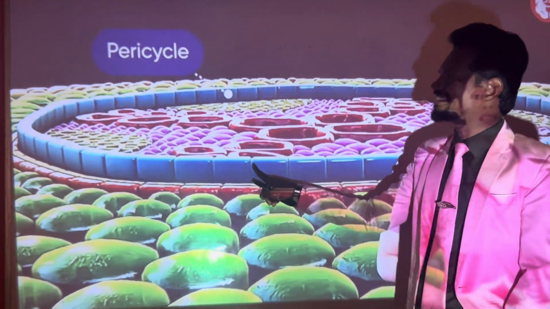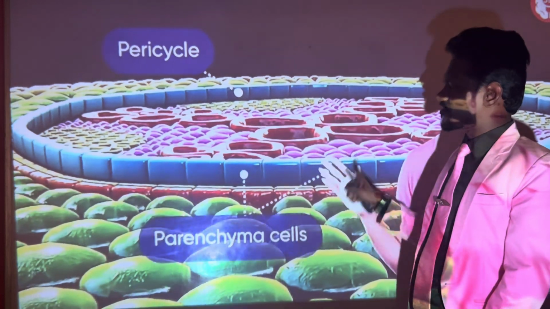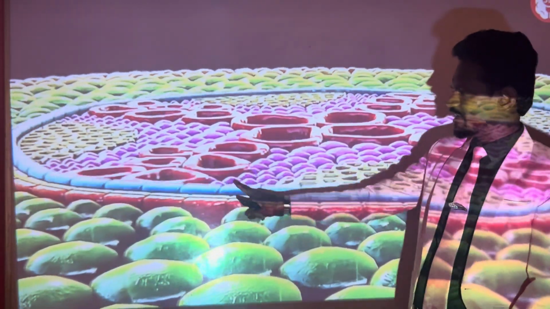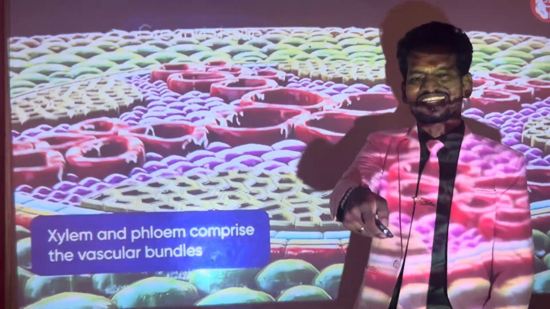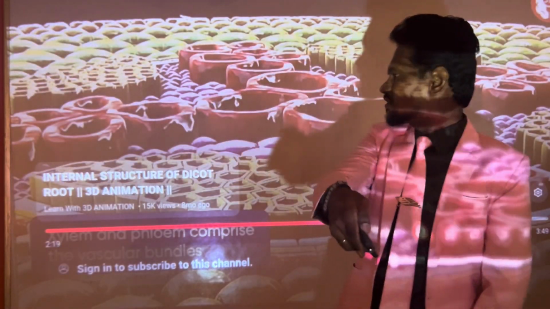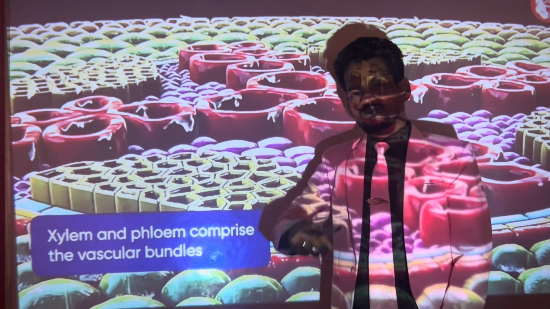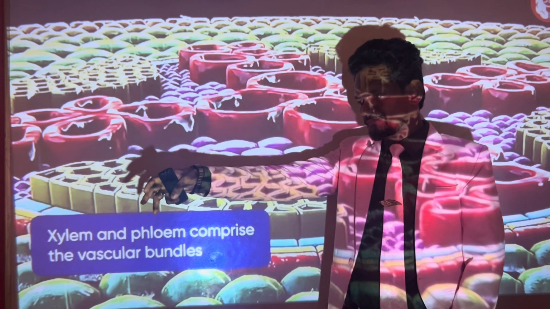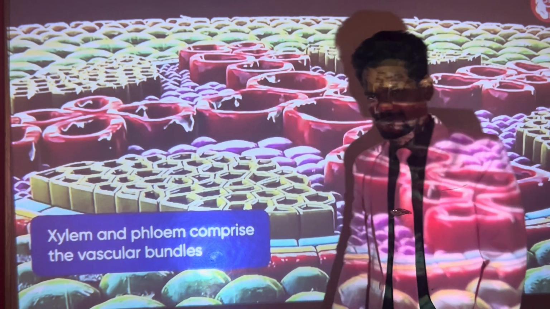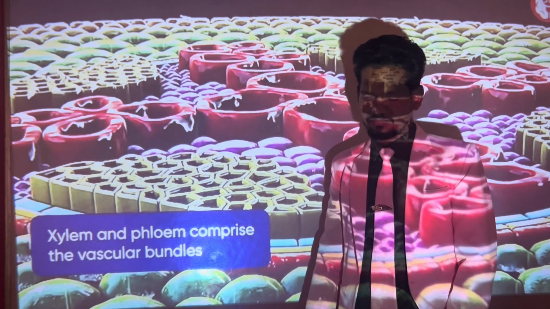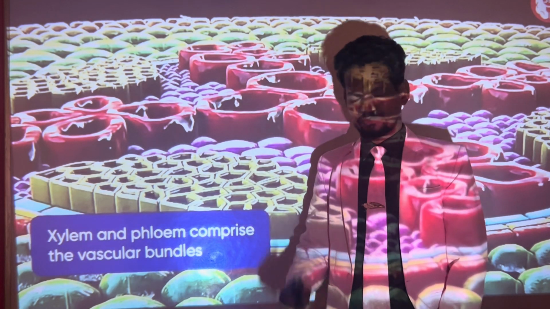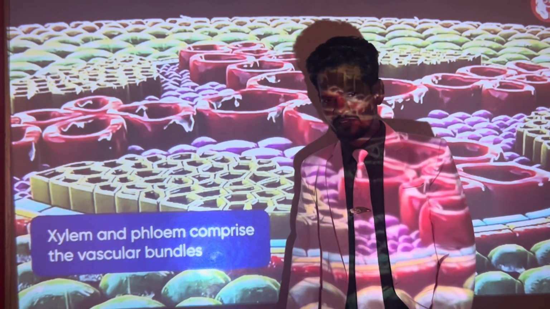Now this is the pericycle, a single layer circular structure made by parenchyma cells. The main function of pericycle in dicot root is that it gives rise to lateral roots, and it also helps in secondary growth, especially in the dicot root, dear students.